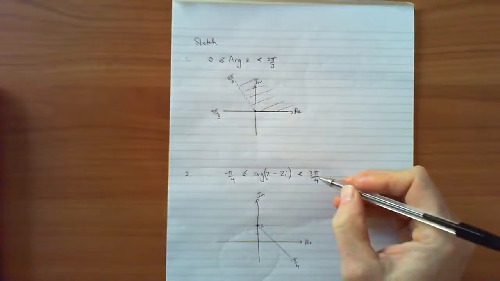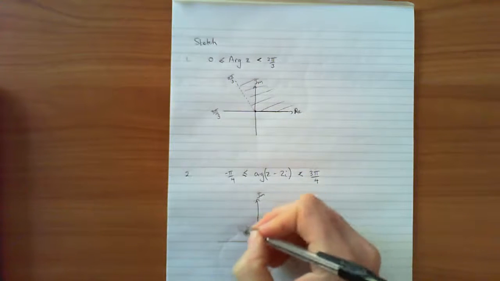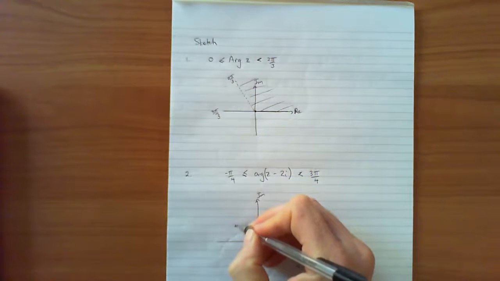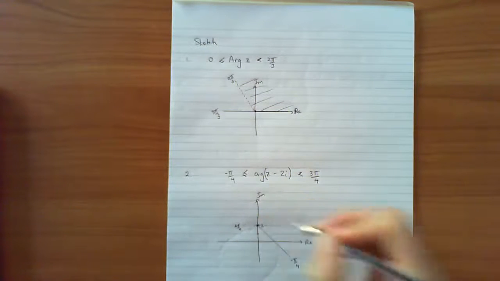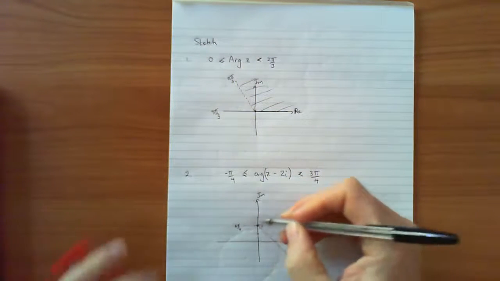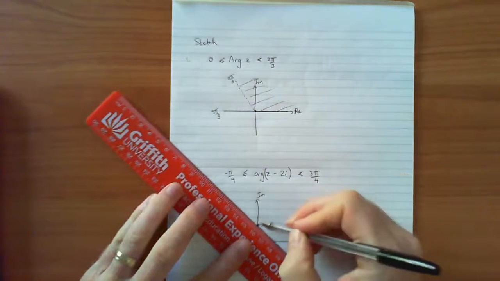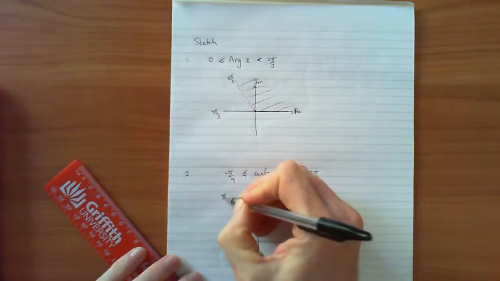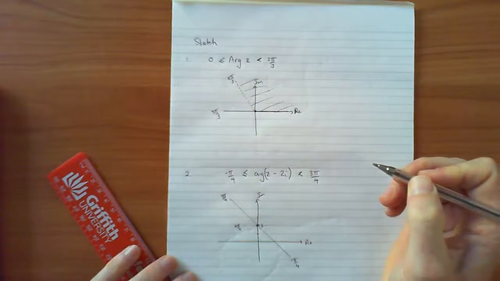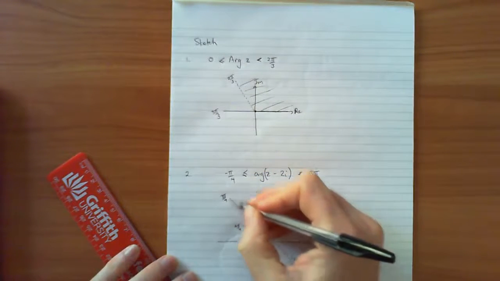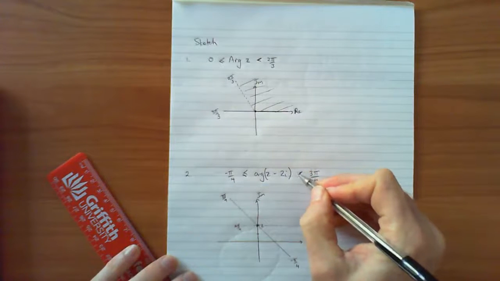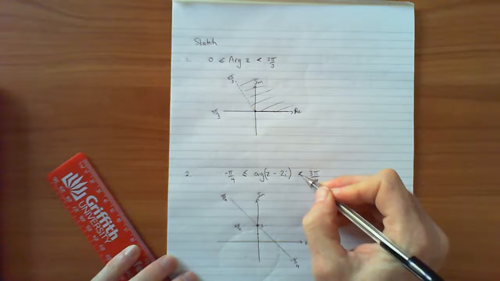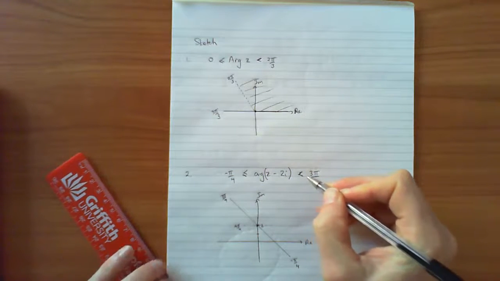The 3 pi on 4, well, we know 3 pi on 4, here's 4 pi on 4, okay, straight across. So 3 pi on 4 is actually going to be straight out the other way here. 3/4 of pi will be up this way. And you realize what I've just done? I drew a solid line, but in fact it should have been dotted because it's not equals to.